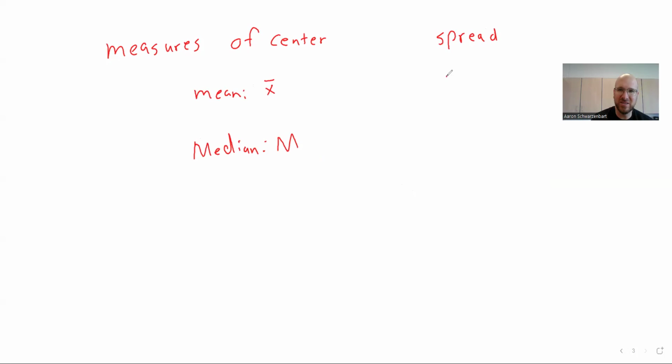The standard deviation, and this is sigma, that stands for population standard deviation, is a measure of spread, and I'll talk about how to calculate that in a second. Standard deviation is kind of the standard one.